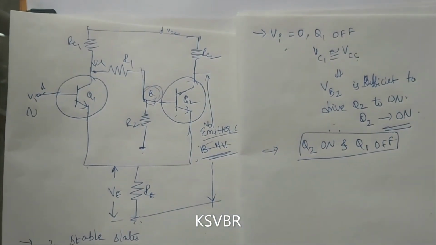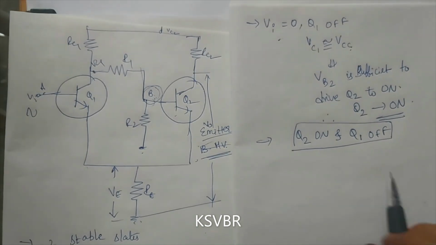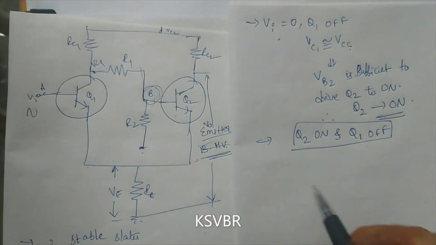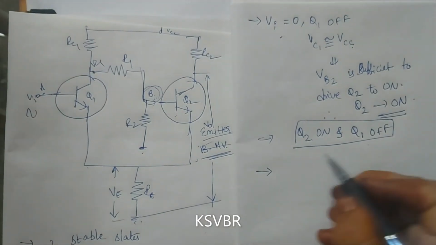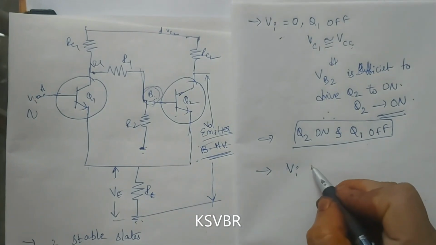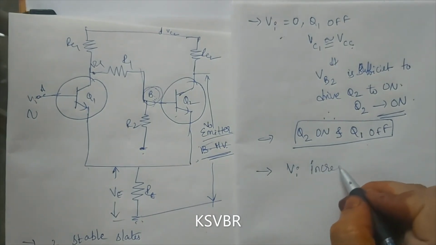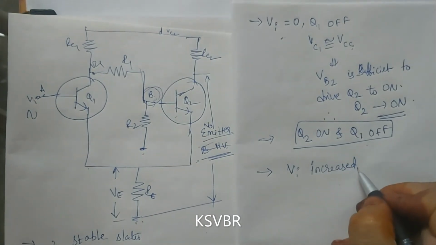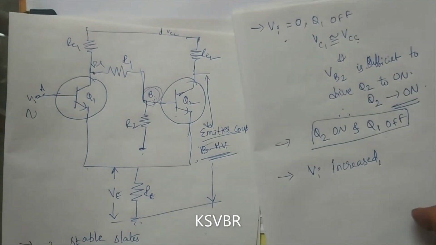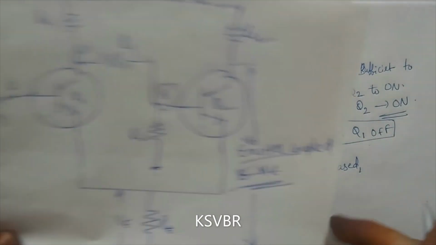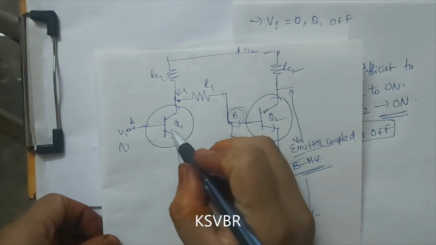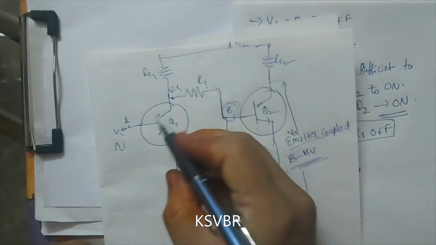Now to change the stable state from one to another, that means we have to make Q1 on and Q2 off, Vi should be increased. How much should Vi be increased to make this transistor on?